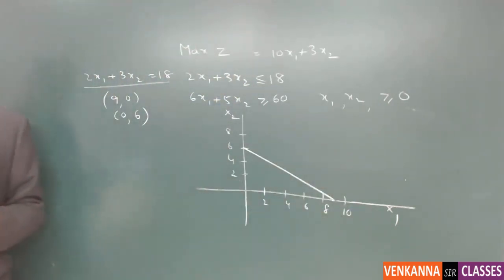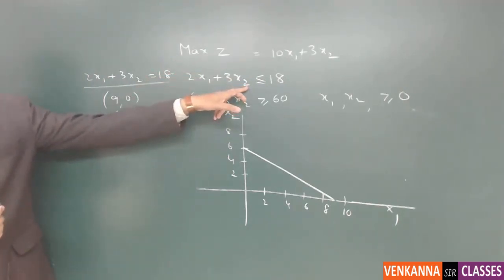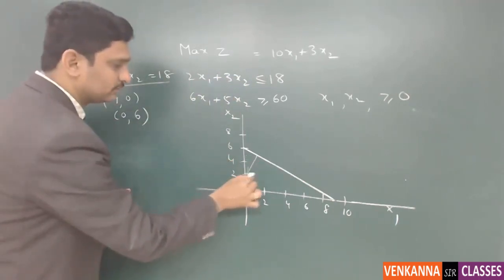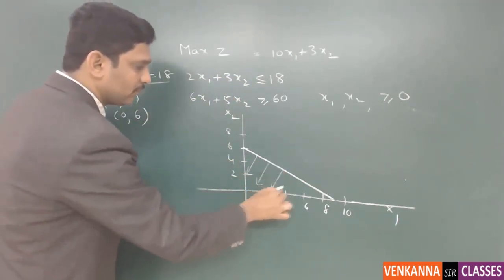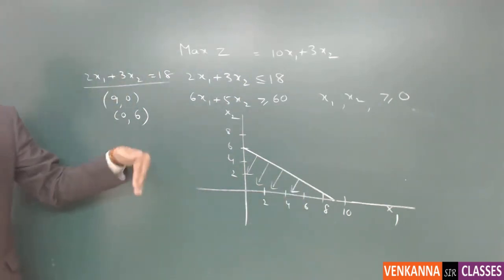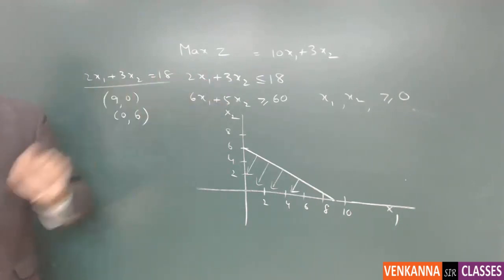This will be the line. What happens here? It is a less than or equal to type, so you take the solution points towards the origin. All the points which come under this line are the solution points satisfying the first inequality.